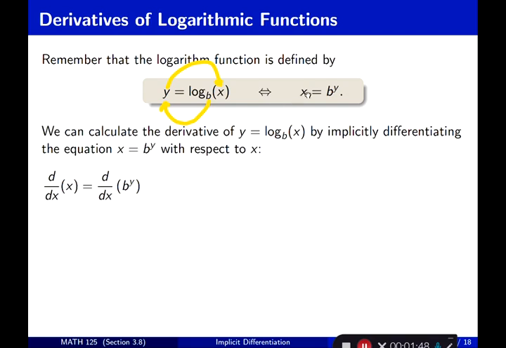That would be the derivative of x is equal to the derivative with respect to x of b to power y.